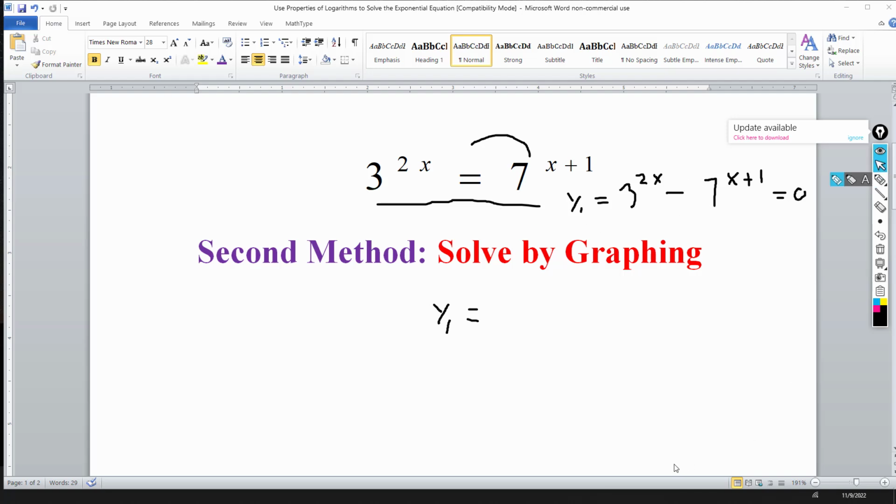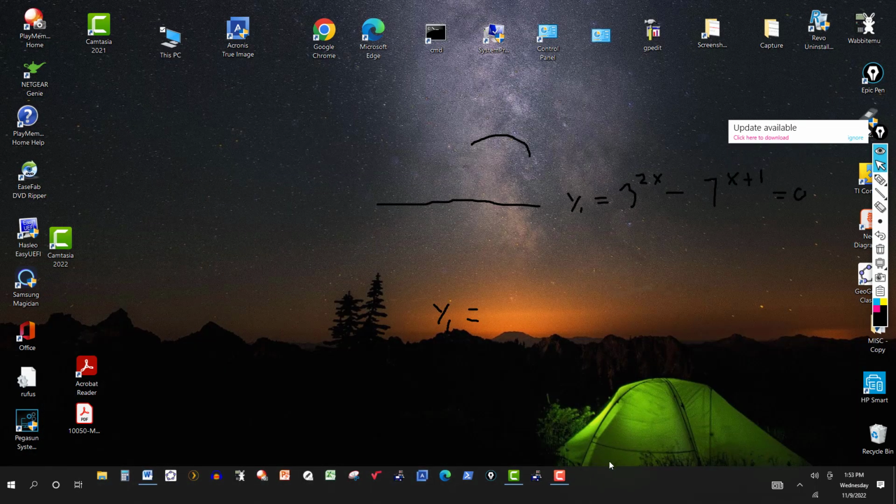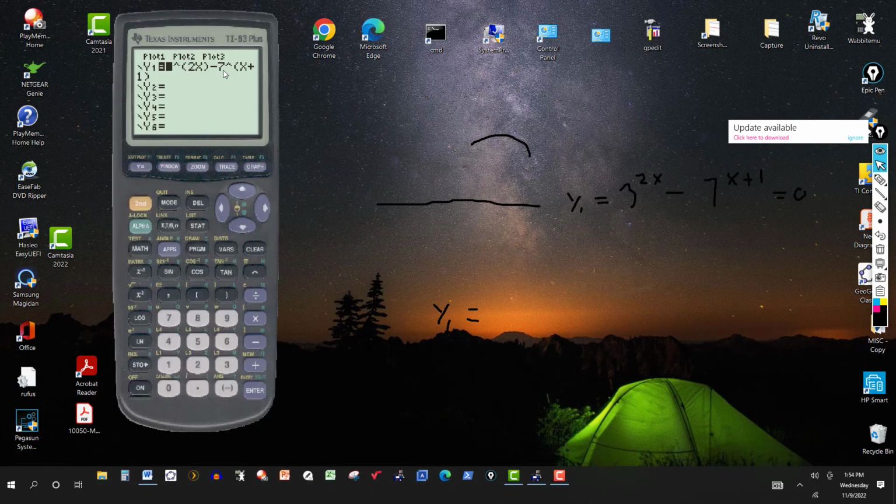So let me go to the calculator here. And here I have the function already entered. y1 is equal to 3x. I'm sorry, y1 is equal to 3 to the 2x minus 7 to the, and then I have parentheses there, so the calculator reads it correctly, to the x plus 1 here. And then I said graph, and this is what it looks like.